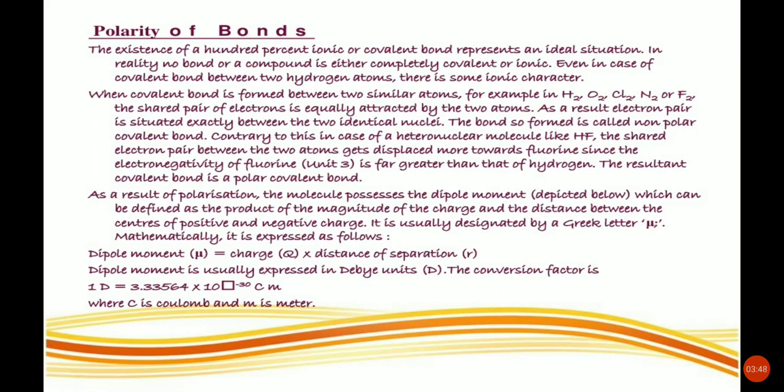Dipole moment is expressed in debye units, capital D. The conversion factor is 1 debye is equal to 3.33564 into 10 power minus 30 coulomb meter. Here C is coulomb, M is meter. Coulomb is the unit of charge. Meter is the unit of length. That we have studied.